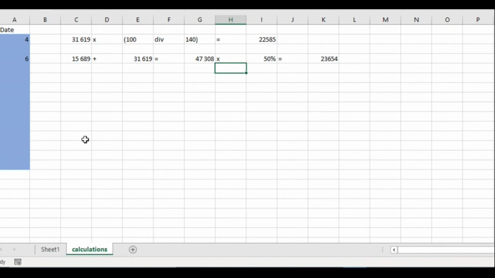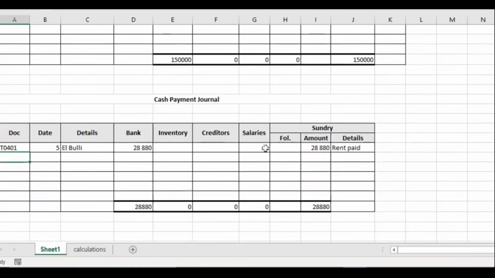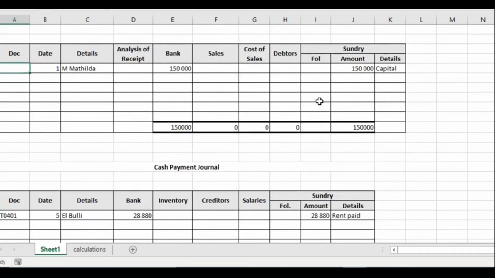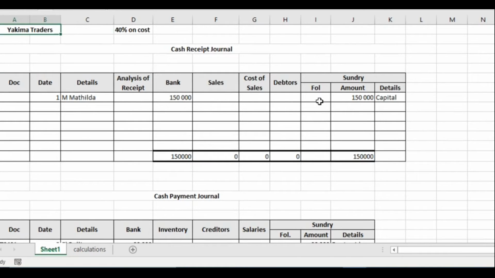So this 23,654 is what we received from D Double. So you remember he's paying his account. So this will be in the cash receipt journal. And our document number for this is REC 567, day number 6, not 5, sorry, 6, D Double.